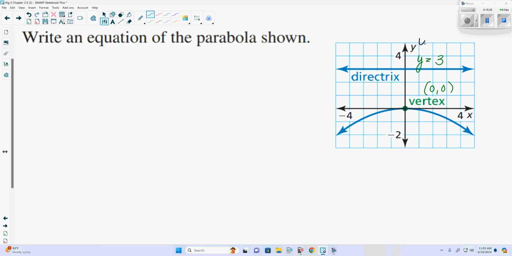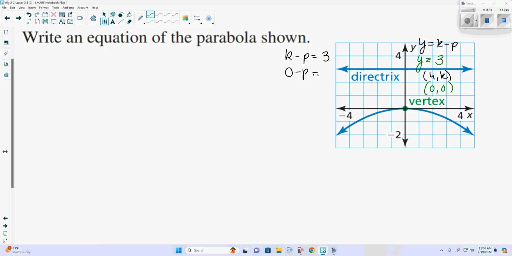Because in the general form, this would be y equals k minus p, yes? So k minus p would be 3, because we need to find p. K is 0. Is our h comma k.